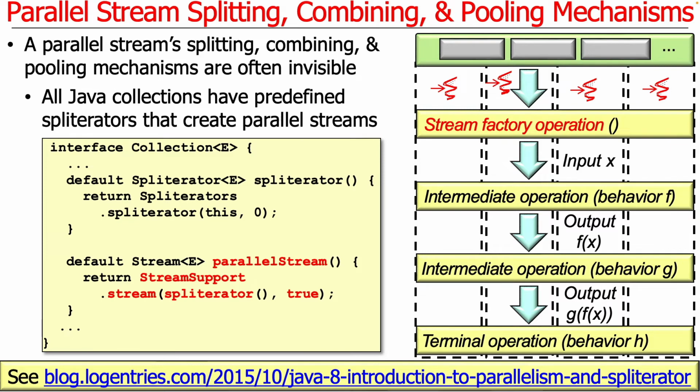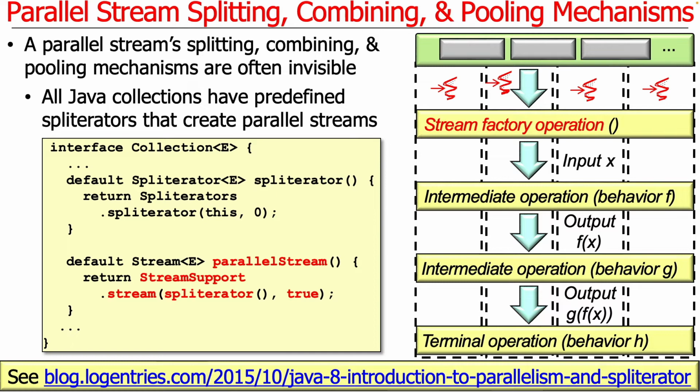Now, there's also these factory methods that make streams. Here's the parallel stream factory method. And this goes ahead and uses the StreamSupport.stream factory method, taking the splitterator for whatever type of collection this is, and then telling it, I want this to be a parallel stream. That's what happens when the true flag is given here as opposed to false.